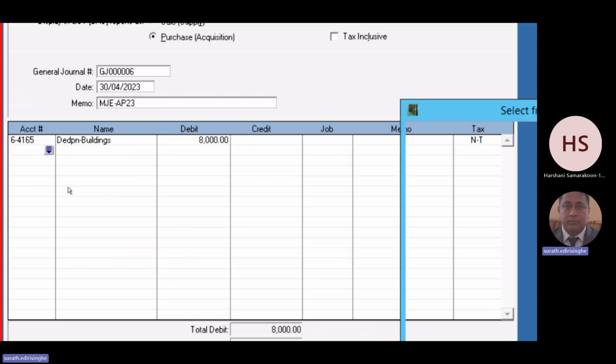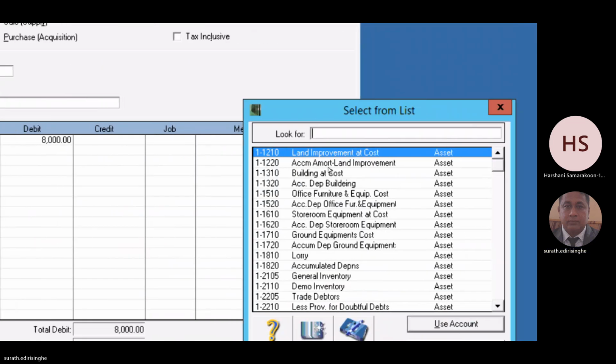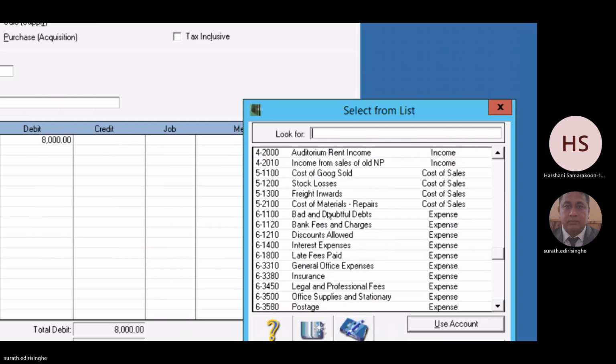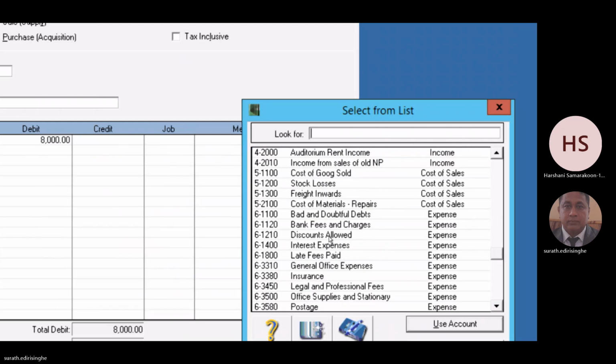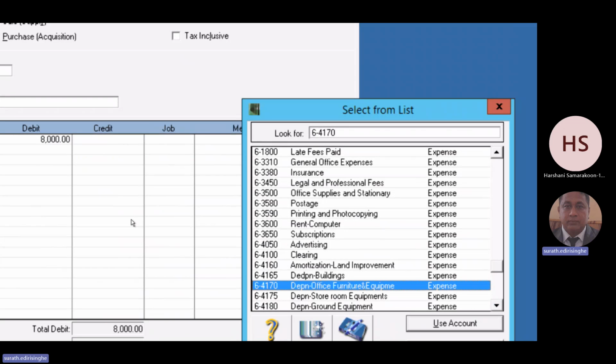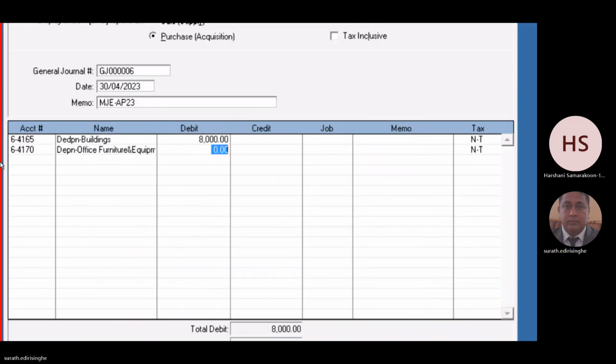Next, debit my office furniture account, amount 10,000.